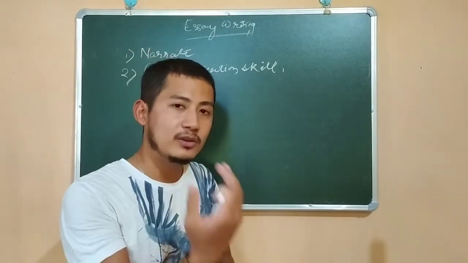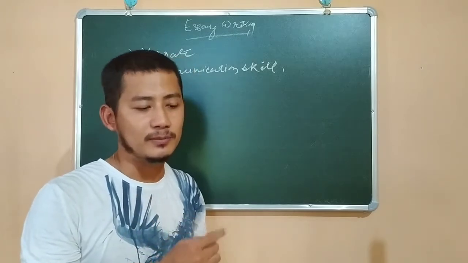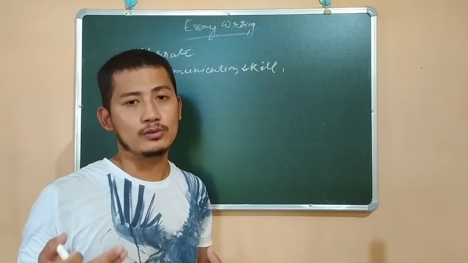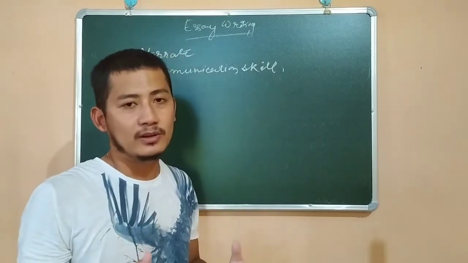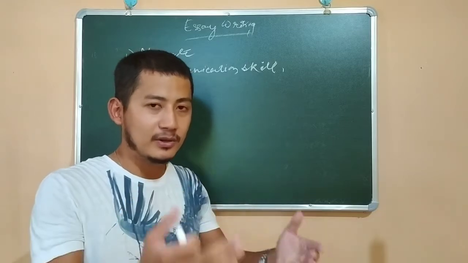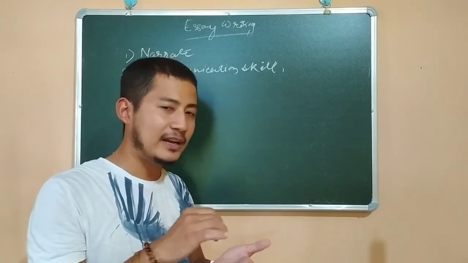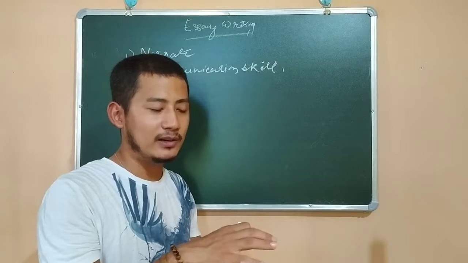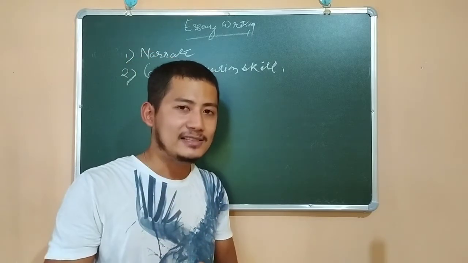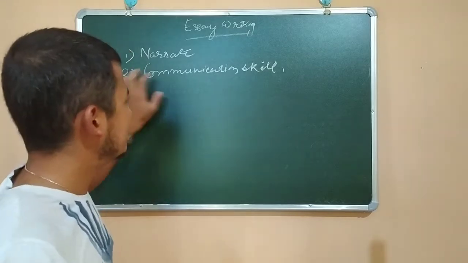If you are good in communication, that means you are good in writing as well, because the person who has lots and lots of vocabulary is the one who knows how to make things beautiful, how to catch the eyes of the second person. That person will know that if I write this way, then the examiner will definitely be attracted to my sentences and my essays. So this is the second thing, communication skill.